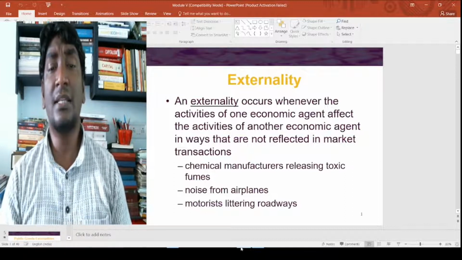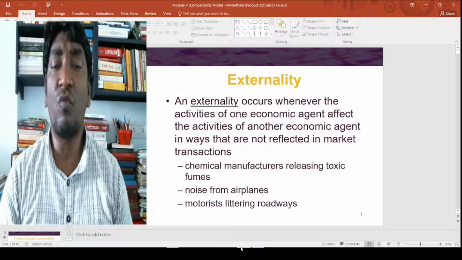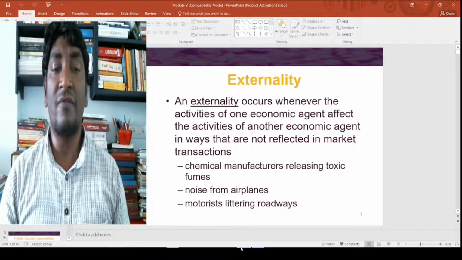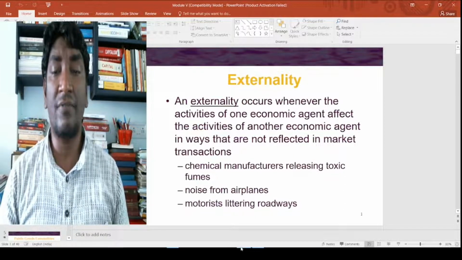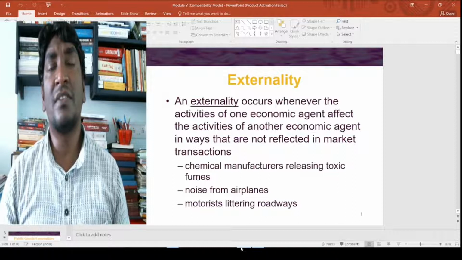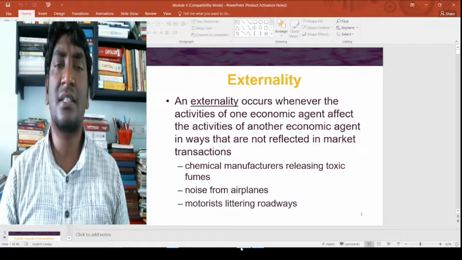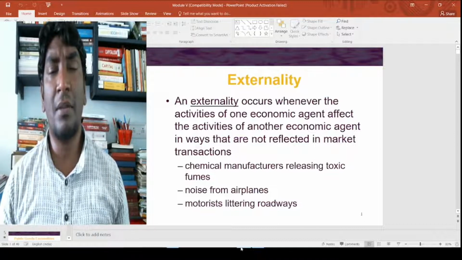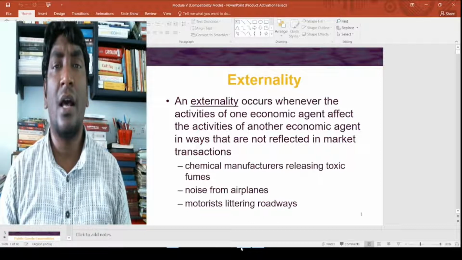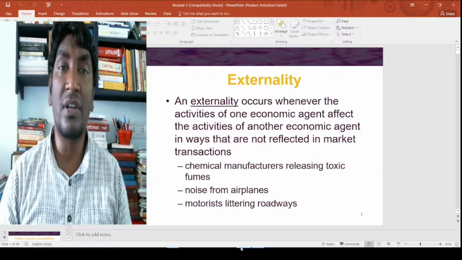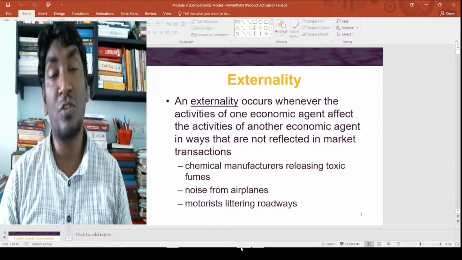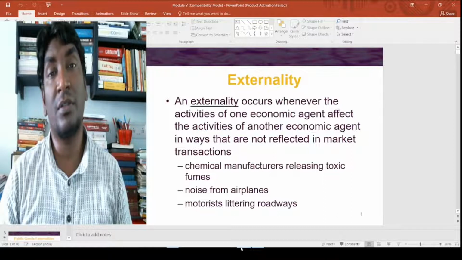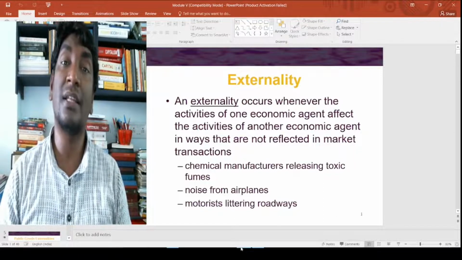So externality occurs whenever the activity of one economic agent affects the activity of another economic agent in a way that is not reflected in the market transaction. In a private interaction there is a cost or benefit which is inflicted on another person who is not directly in the transaction.